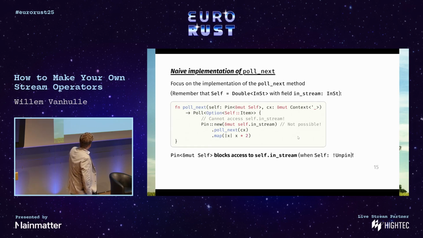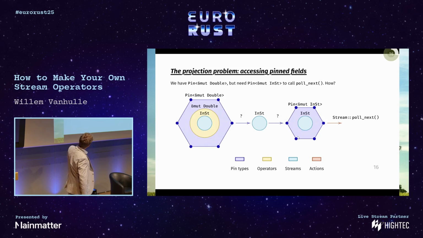So what should we do? Well, the reason we cannot remove the Pin is because the input stream might not be Unpin. And we have to get around that. So we have the argument self of type Pin<&mut Double>, and we somehow have to get to the input stream and then poll it. So we have to remove the Pin somehow.